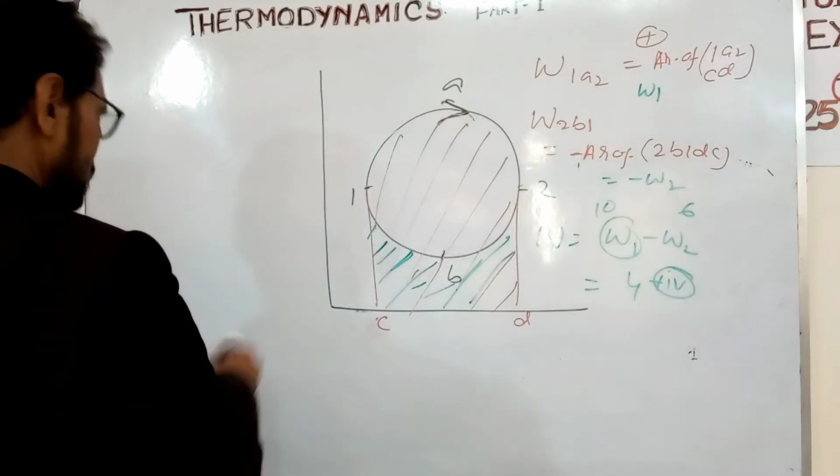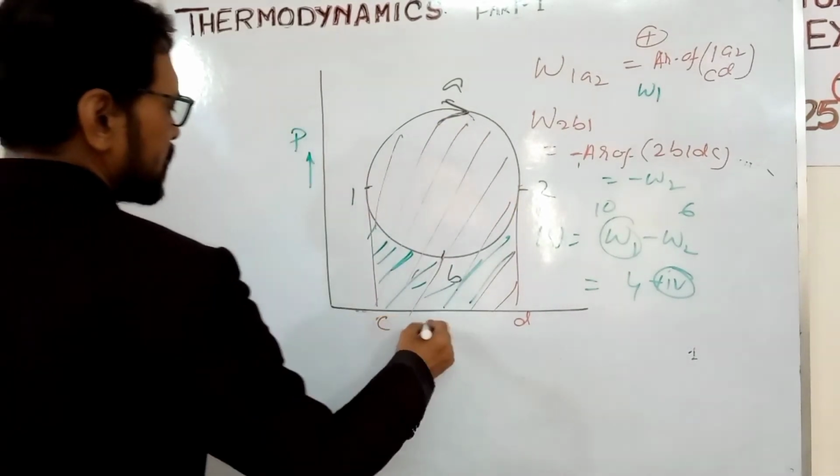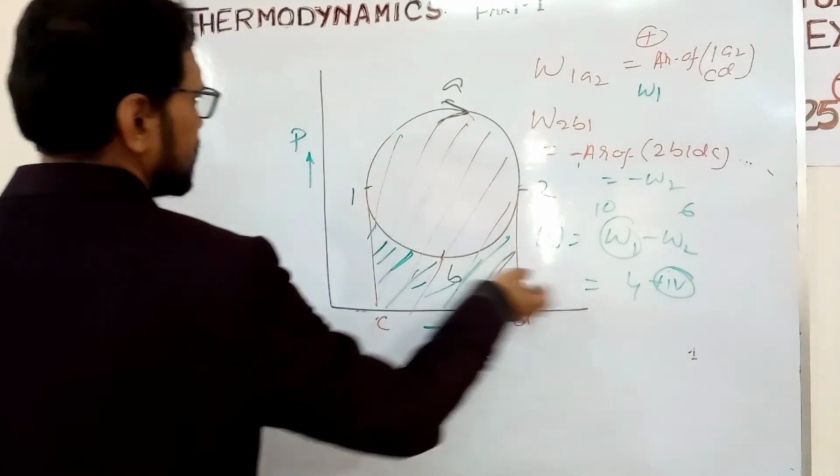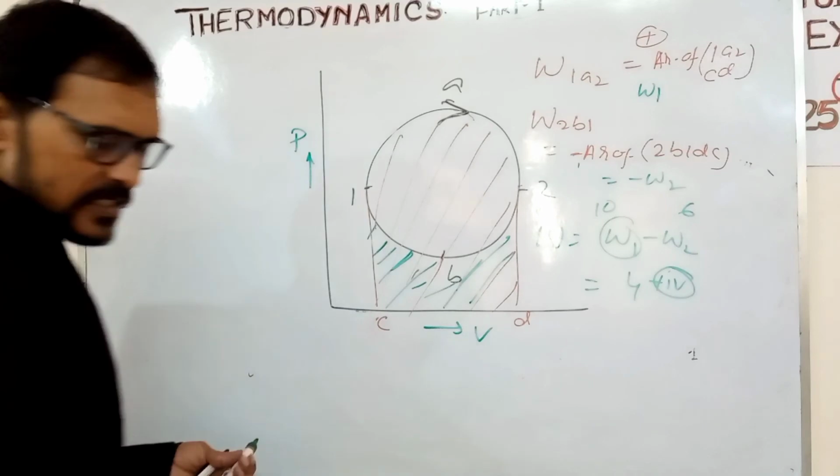So if we draw pressure versus volume in the clockwise direction, the net work done will be positive. For anticlockwise, the net work done will be negative.